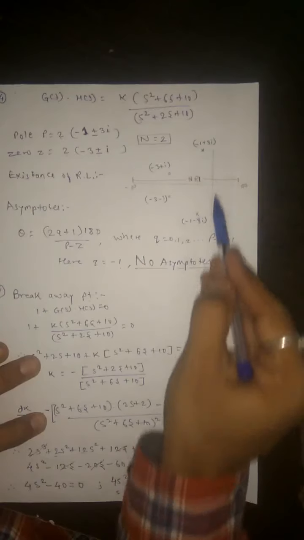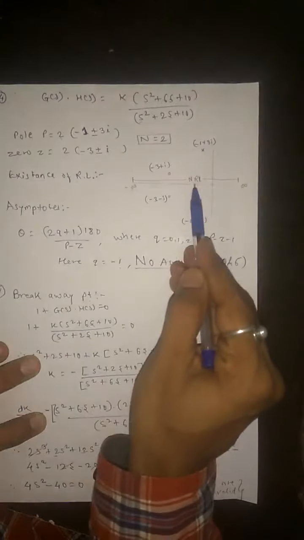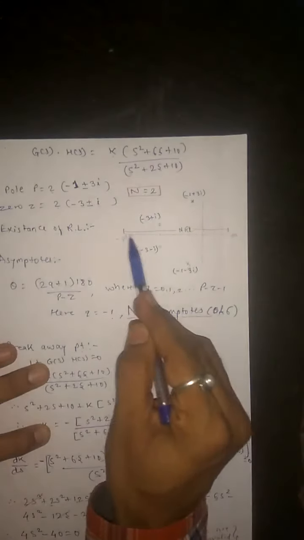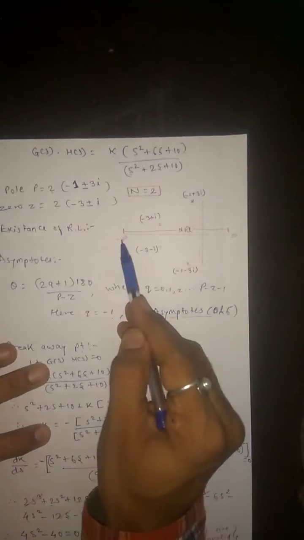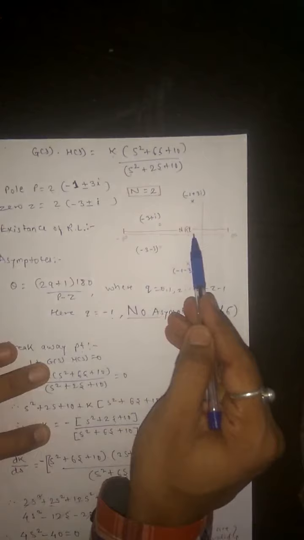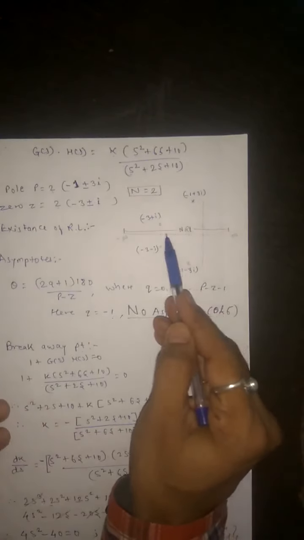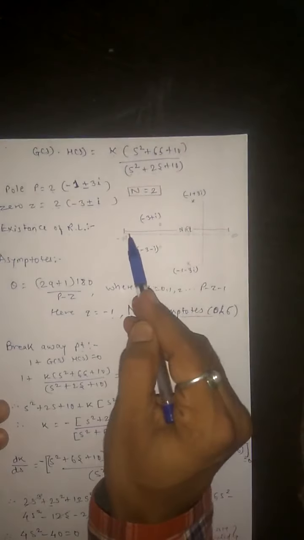This is the imaginary axis, this is the real axis, so basically it lies on the real axis. But you can see in step number 2, the existence of root locus, the complete region from infinity to minus infinity is NRL, the non-root locus region. So the breakaway point cannot lie on this region, and we can directly skip this step.